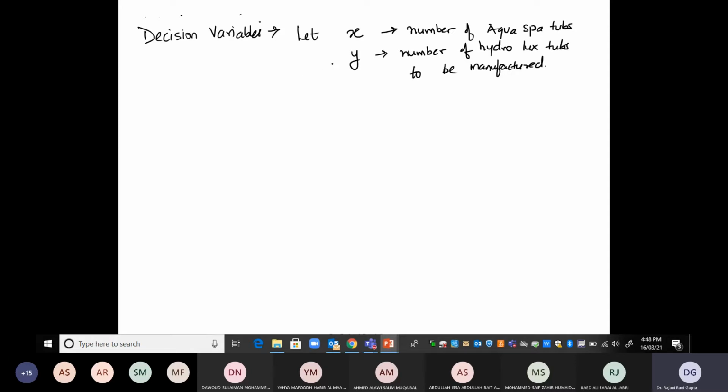now is it possible that X and Y will be negative? No. What will be the minimum value of X? X can be either 0 or it will be 1, 2 and any number, right? Yes. Let's understand it in this way.